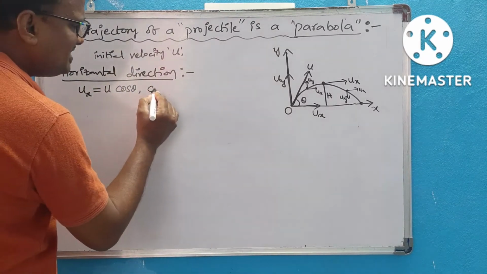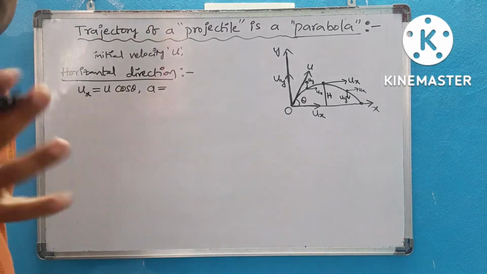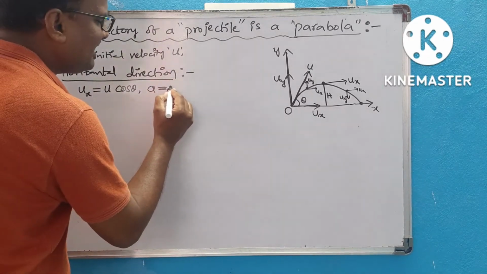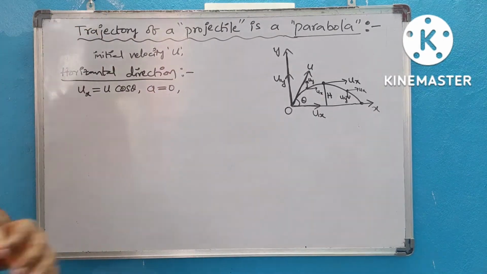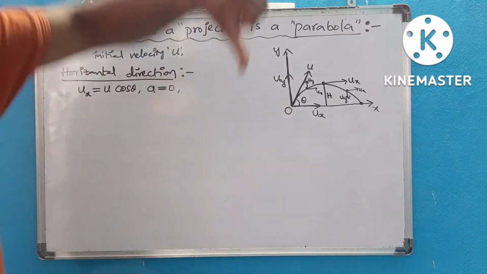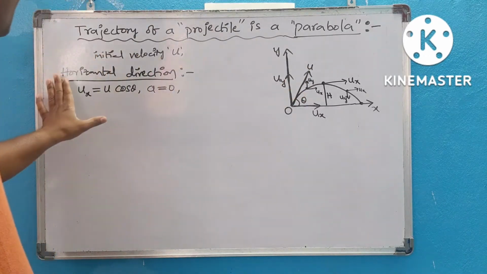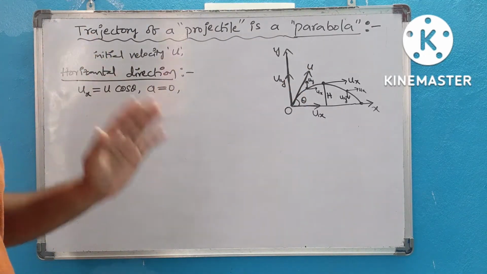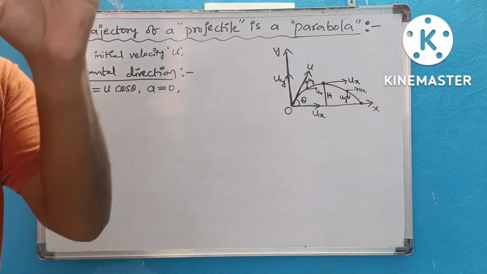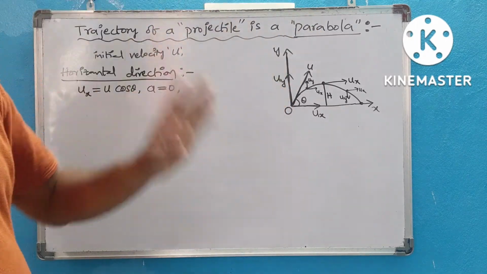And for the horizontal direction, there is no acceleration due to gravity. The acceleration due to gravity of the earth always acts in the downward direction. So for horizontal, no acceleration due to gravity is applicable on the projectile.